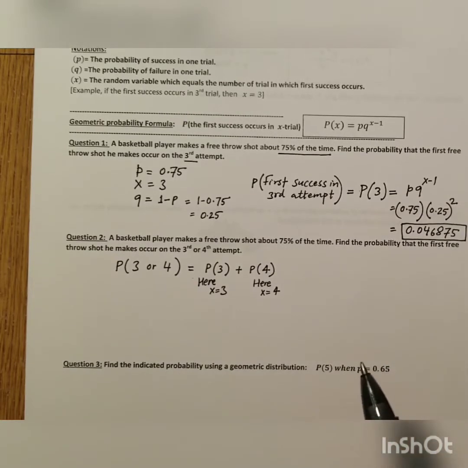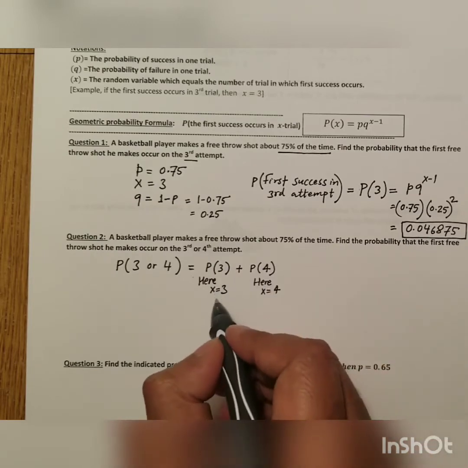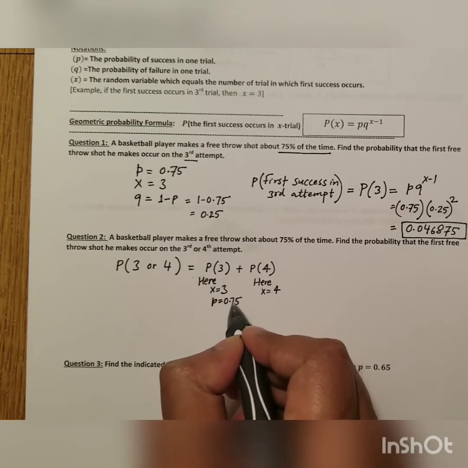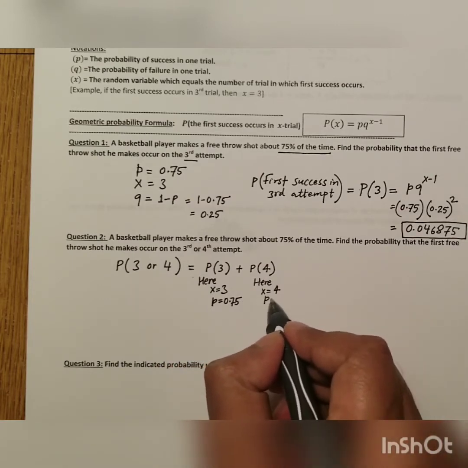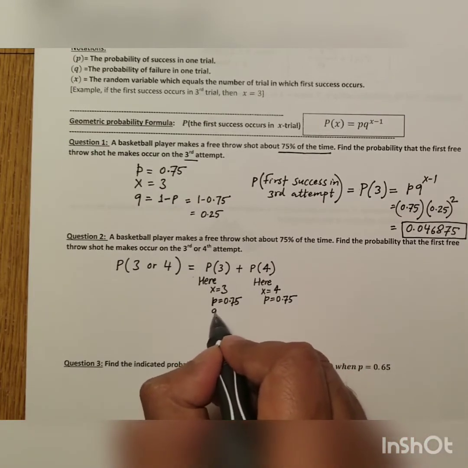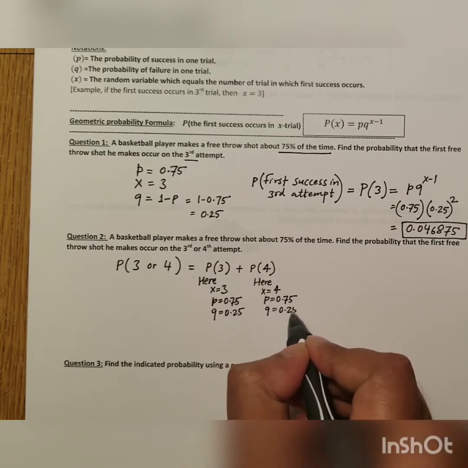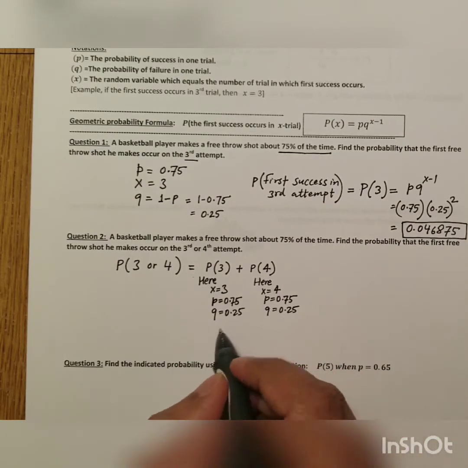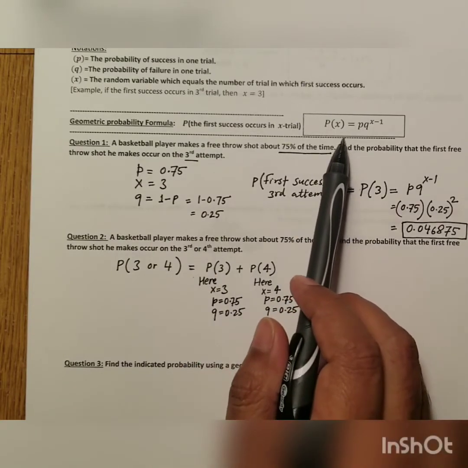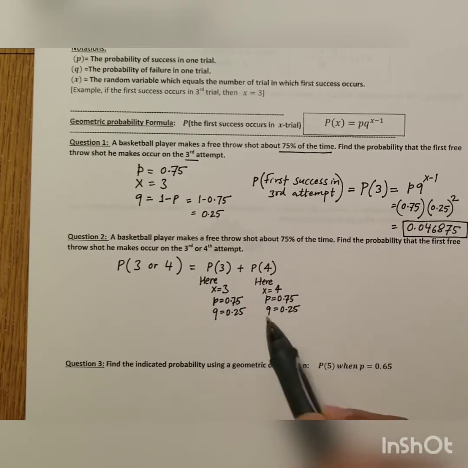And 75% is p, so the lowercase p is 0.75 in both, and q is 0.25. We use this formula again for each of these, and we add them, and we get the answer.